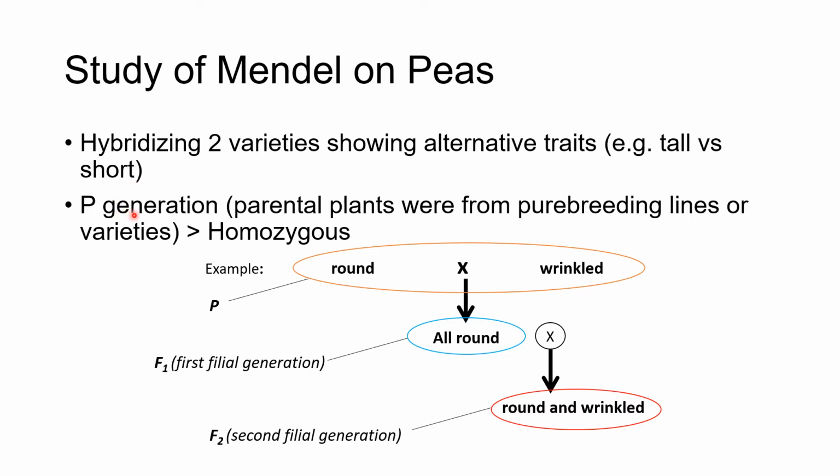So, the parental plant or yung tinatawag natin P generation were from pure breeding lines or varieties and therefore homozygous for that specific trait. Since yung mga crinus niya na mga parent plants, yung P generation, pure breeding sila.